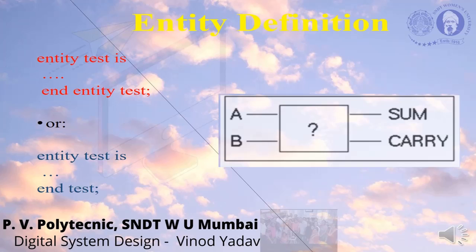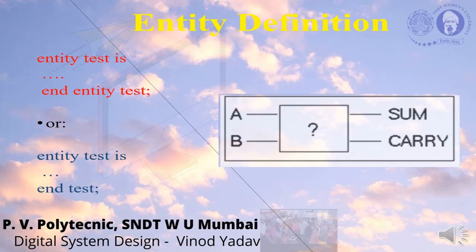The syntax is entity, is, and in between these two words there should be the name of the model, whatever the name of the model is. That should appear here. Like if you are writing it for an AND gate, you may write AND gate. If you are writing for a 4:1 multiplexer, you should write 4:1 multiplexer instead of test.